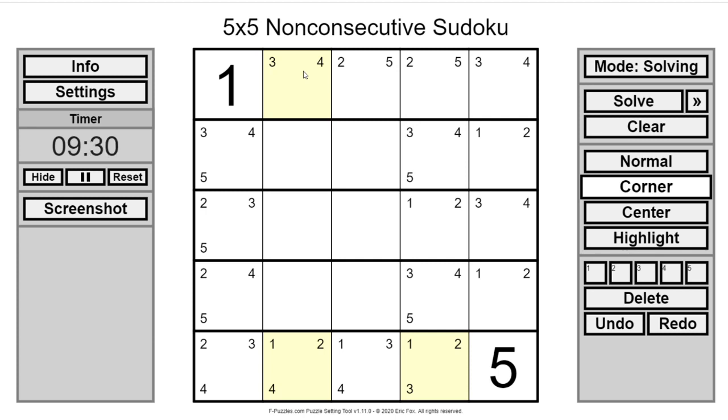I think 1s and 2s are interesting here. Ones and 4s, I think, are both restricted to 2 spots. 1's here and 4's here. If this is a 3, that forces 1 up here and 2 up here.